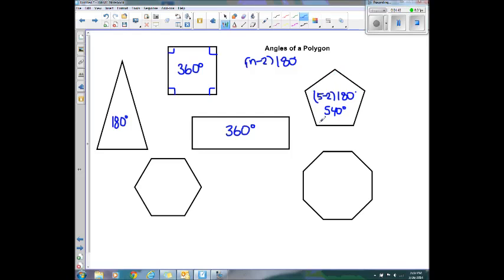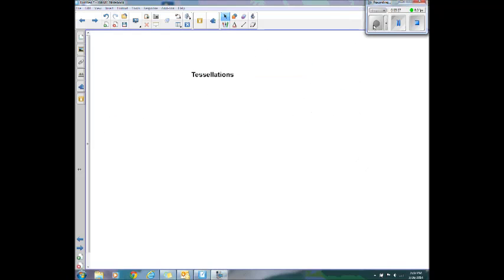If I add up all 5 of these angles, whether it's regular or not, all 5 of those angles added up should be 540 degrees. So in general, what you're after is n minus 2, that quantity times 180 degrees. That tells you what the sum of all of the inside angles should add up to be, and it's different for every shape. The more interior angles you have, the bigger that sum is going to be.